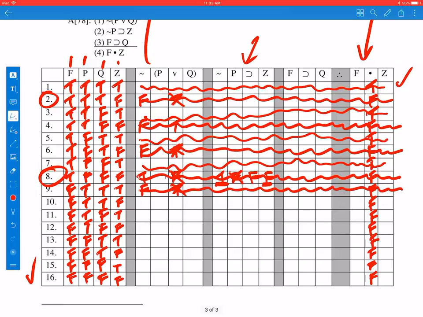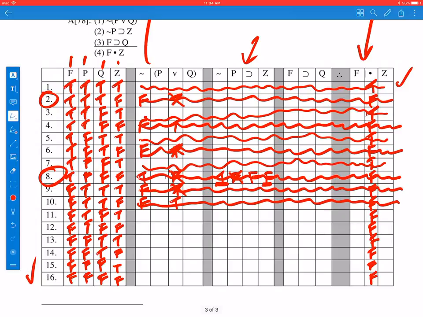So one false premise means that we need to eliminate that entire interpretation, that entire line. Okay, interpretation 10, P or Q. P is true here, Q is true here, so we get true for the disjunction, but we have to negate it, so we get false, and that allows us to eliminate 10.